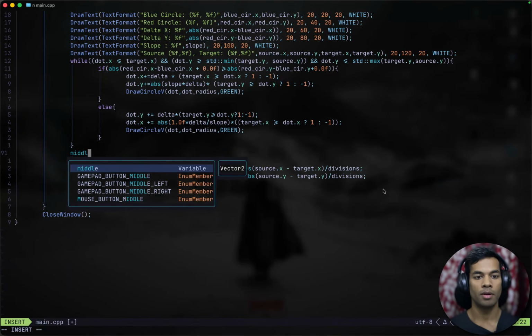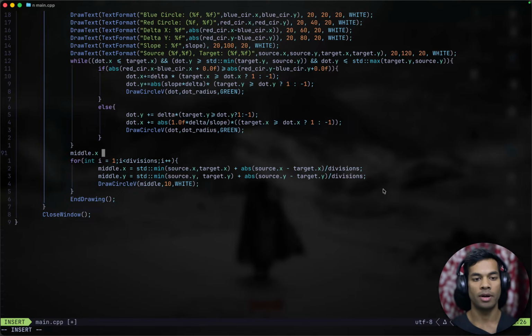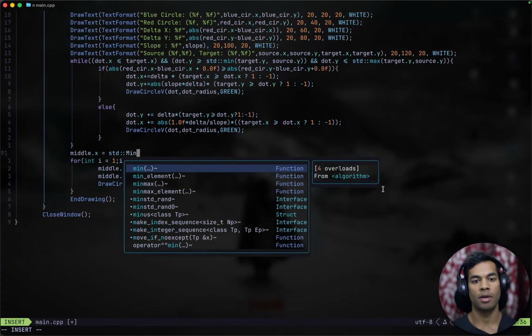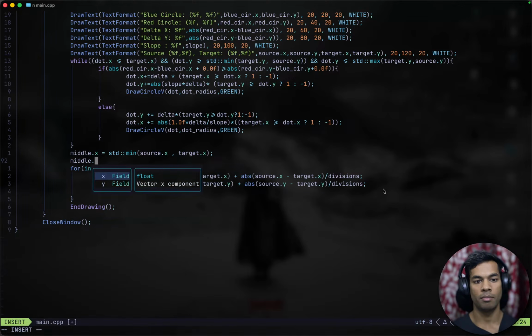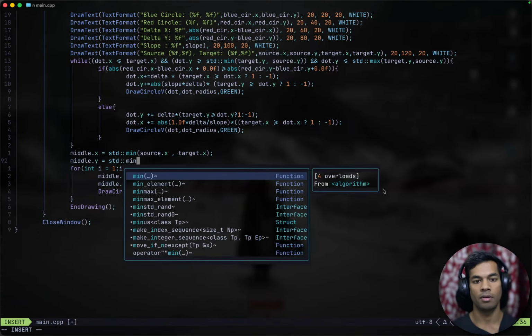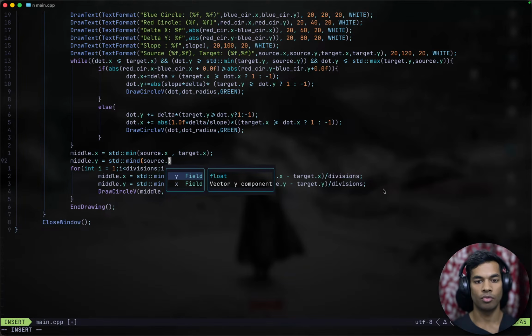Here we will do middle dot x equals minimum of source dot x comma target dot x, and middle dot y equals minimum of source dot y comma target dot y.